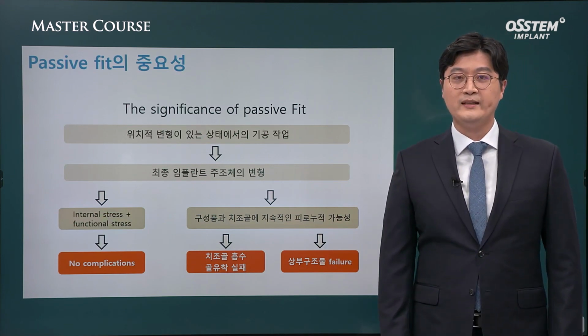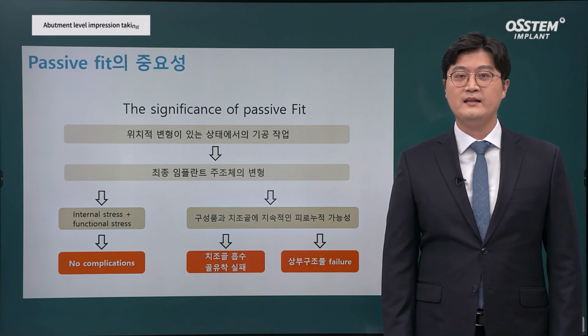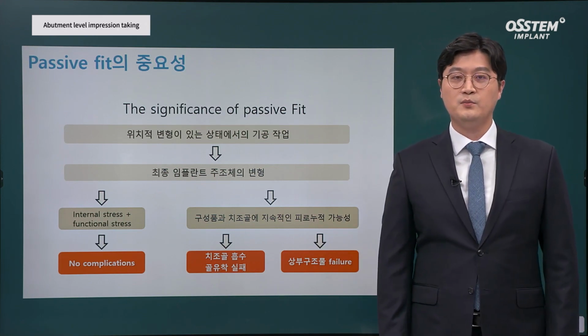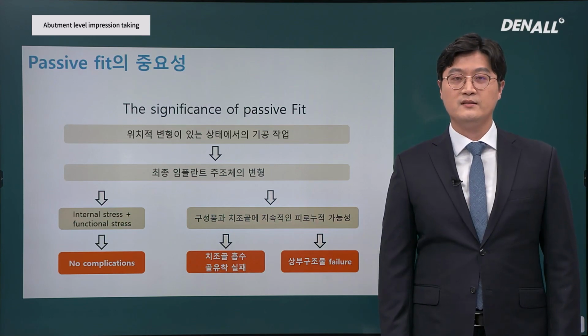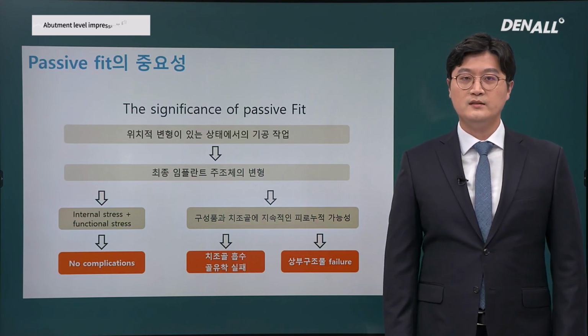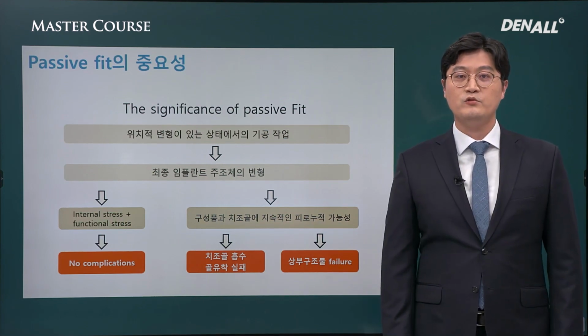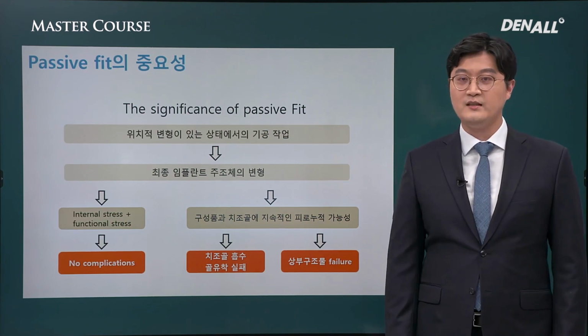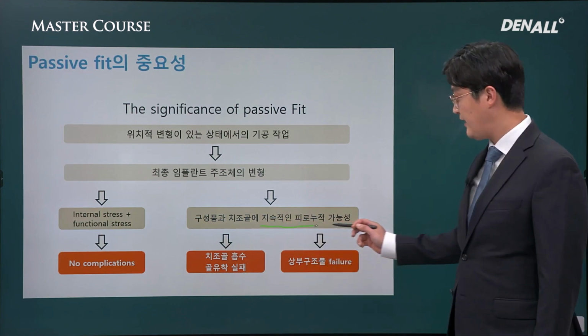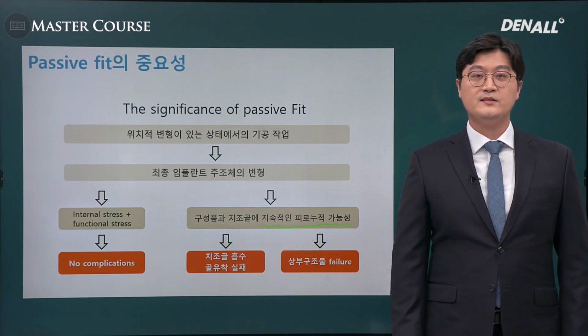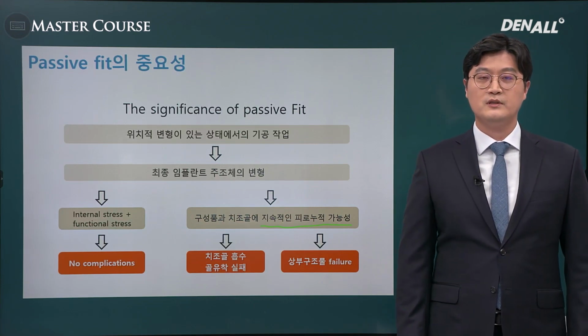The significance of passive fit: the final implant prosthesis will reflect the errors. When the prosthesis is delivered to a patient, continuous fatigue can accumulate, harmful to the implant. When this happens, around the implant, alveolar bone would be resorbed.